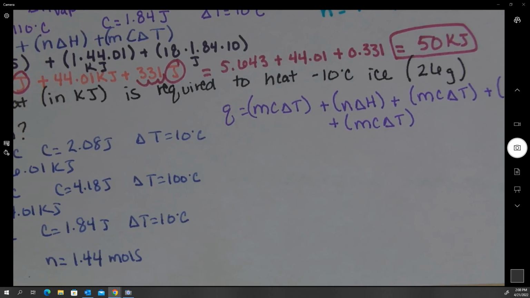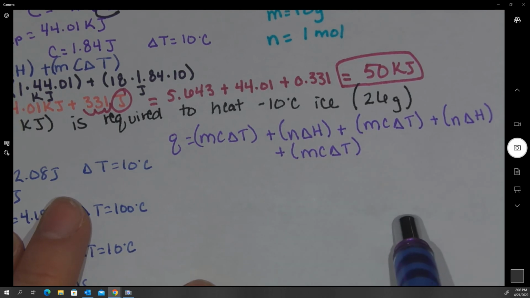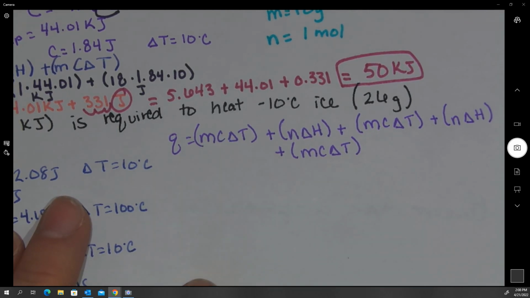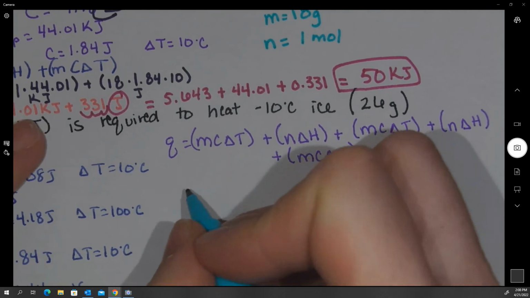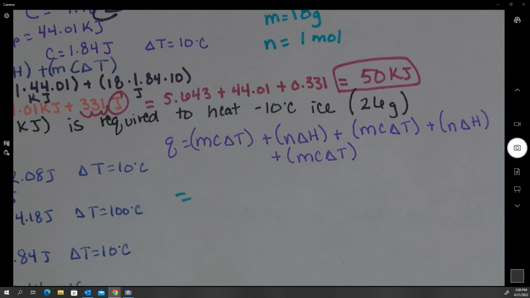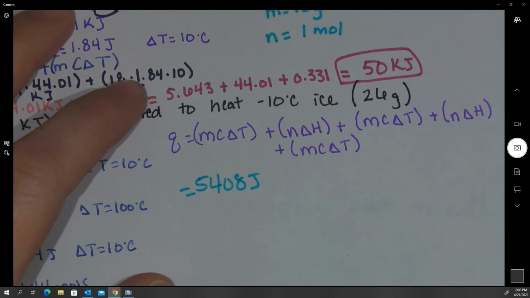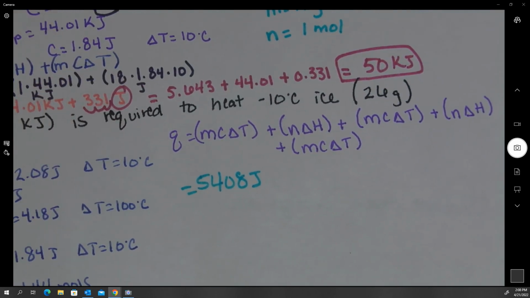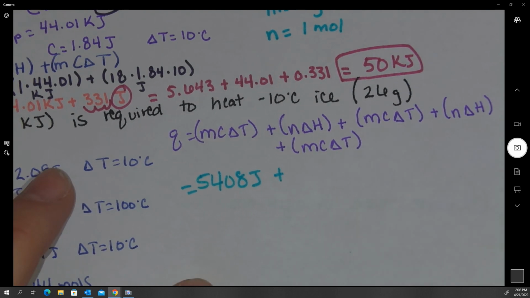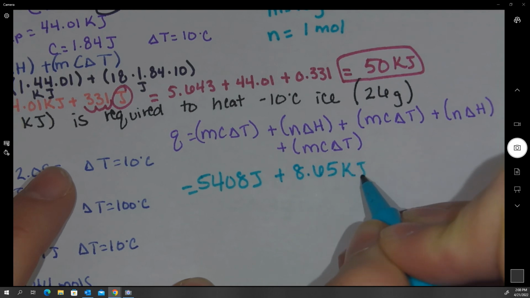Ethanol. Okay. Are you guys going to be okay if instead of me writing all of the numbers, I just write the answer to the parenthesis? Is that okay? Okay. So the answer to the first parenthesis that you should have gotten should have been 5408 joules, roughly. The second one should have been 8.65 kilojoules.